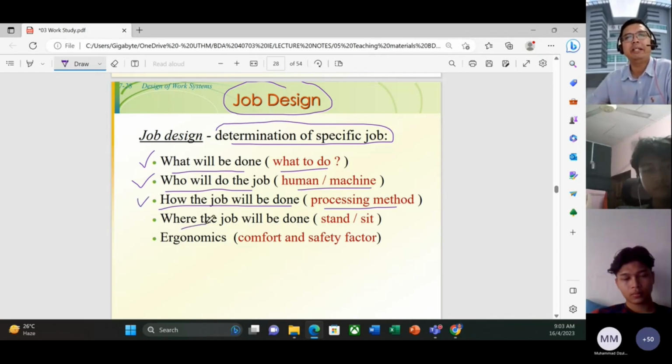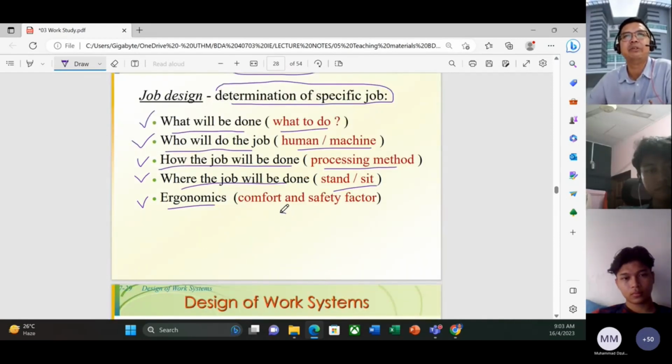And where the job will be done, whether standing or sitting. And last, we need to look at ergonomics: is it comfortable and safe? For example, I give you this operator, and they are given this conveyor. We want to design this packaging box.